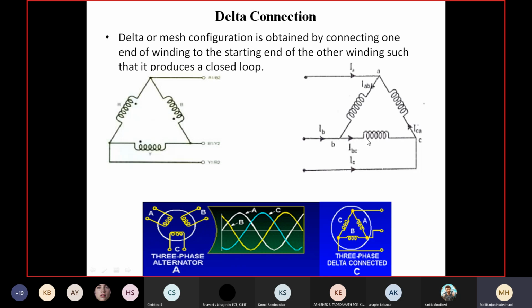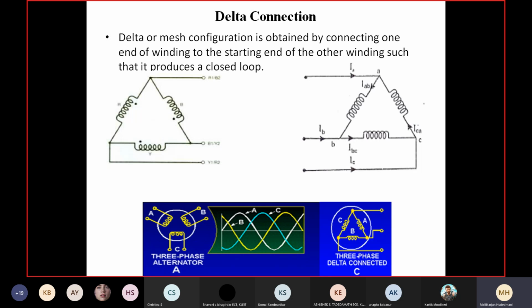Now my question is, when I have a three-phase AC, induced voltages are phase voltages ER, EY, EB, 120 degree apart from each other. What about the current flowing in each group, IAB, IBC, ICA? Are they similarly a three-phase waveform having 120 degree difference? Absolutely right.